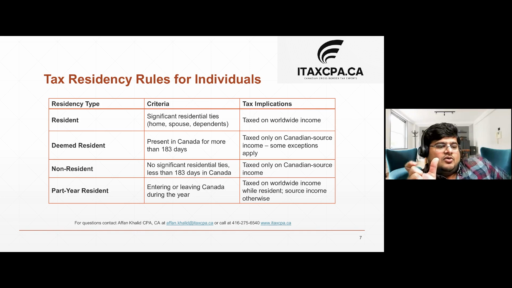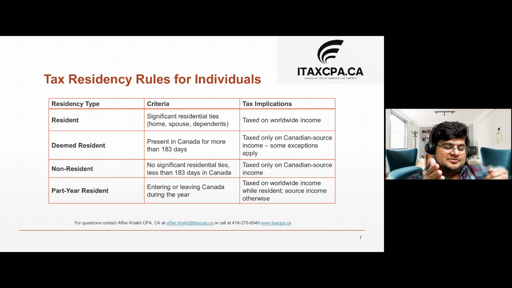And then there's a term called part-time or part-year resident. This generally applies when you permanently leave Canada, or you're a first-time immigrant. You enter the country and establish your ties with Canada. Say a person became an immigrant or moved to Canada on November 1st, 2024.